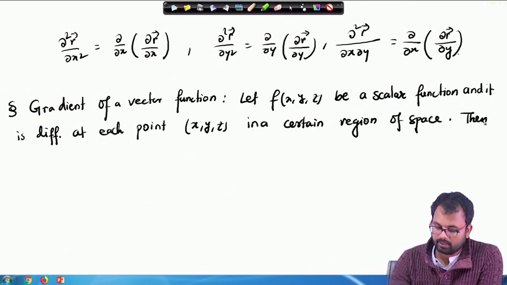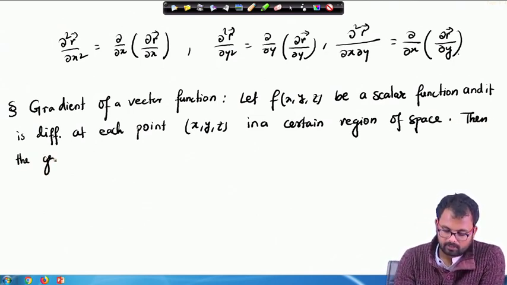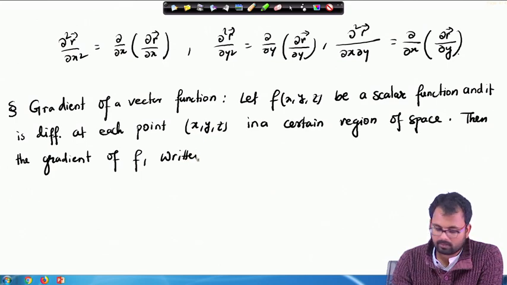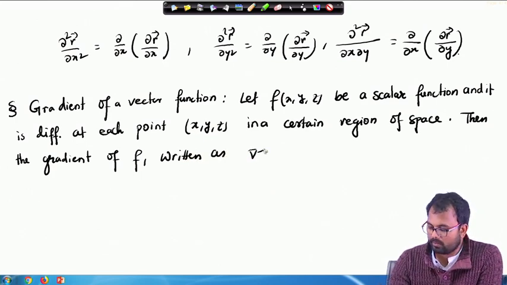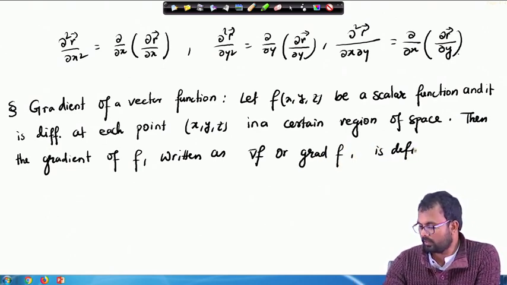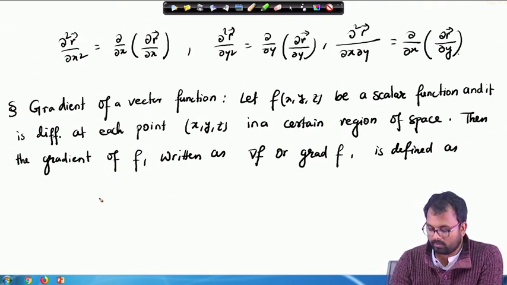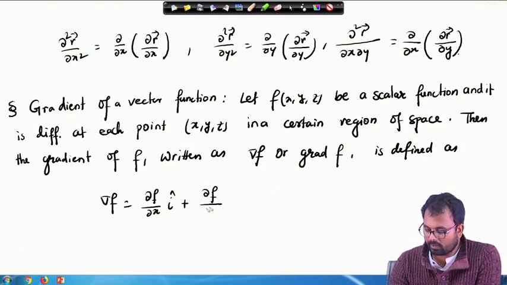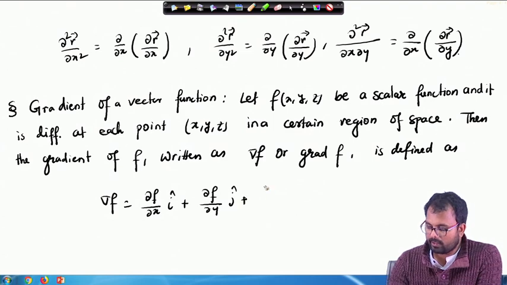then the gradient of f, written as grad f, is defined as: gradient of f is equal to del f del x times i, plus del f del y times j, and del f del z times k.